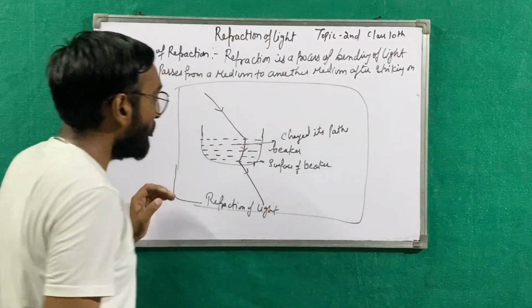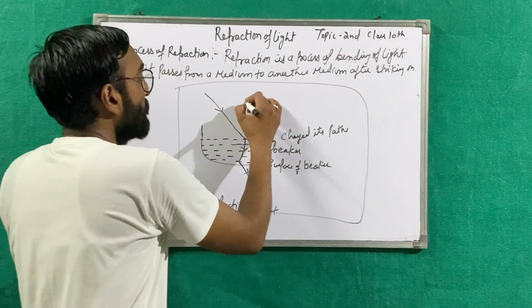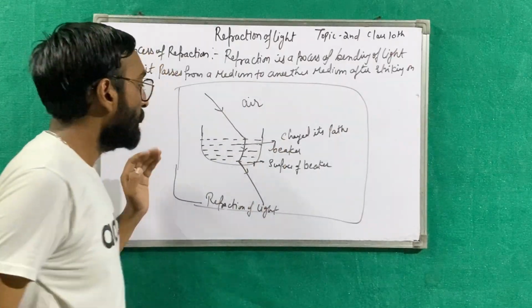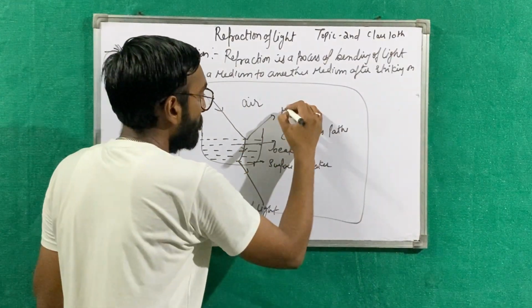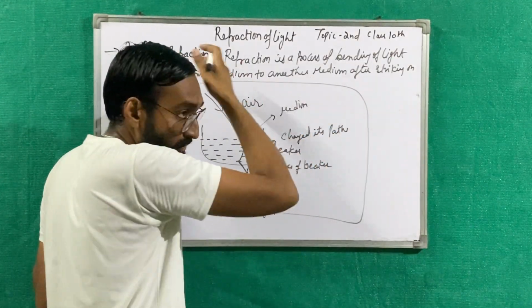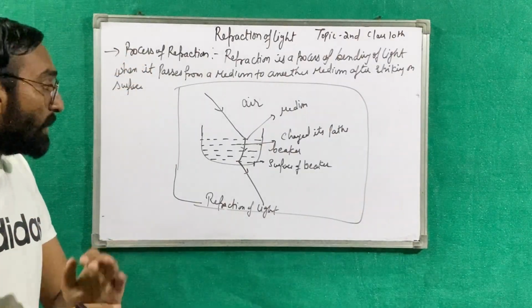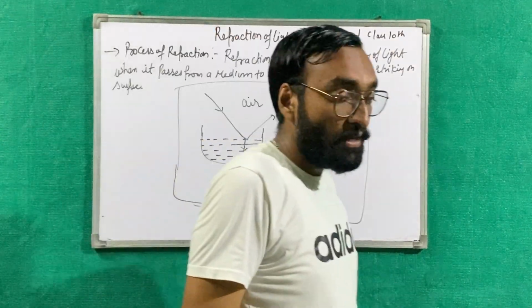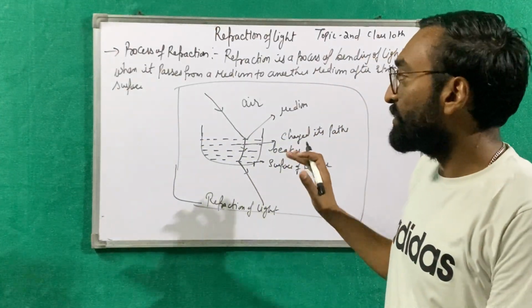So refraction of light says that when a light ray from air passes through a medium, it changes its path, and that change of path is called refraction of light.